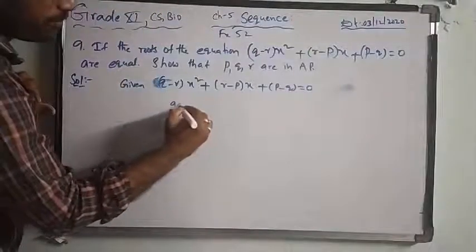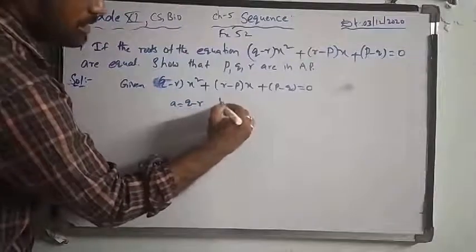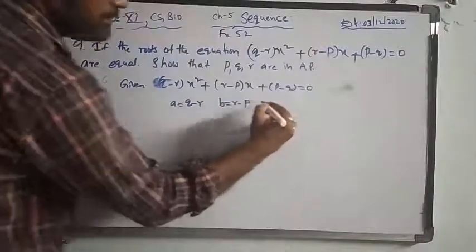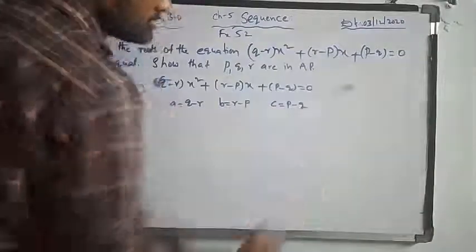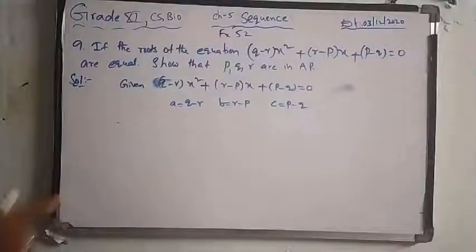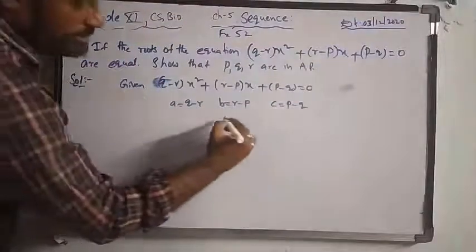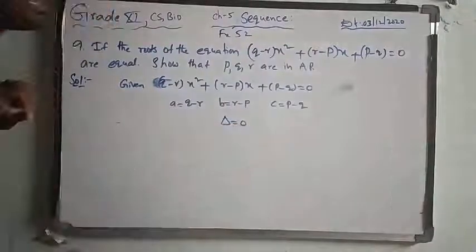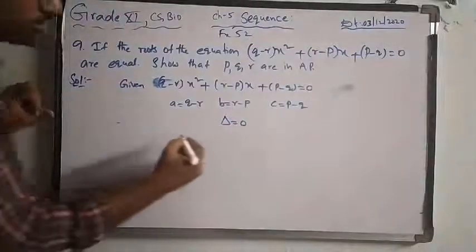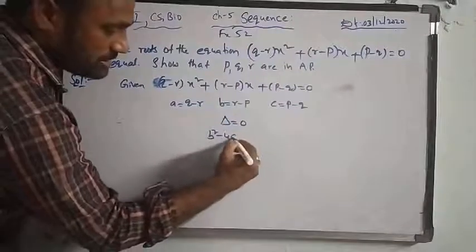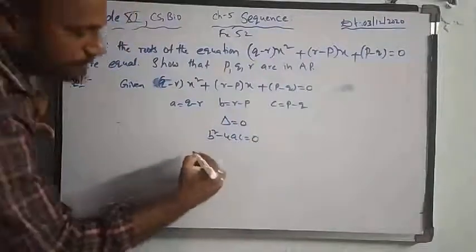If we compare with the standard form, the a value is q minus r, the b value is r minus p, the c value is p minus q. So we can say the roots are equal when delta is equal to 0, that is, the discriminant is equal to 0 in quadratic equations. The discriminant formula is b square minus 4ac is equal to 0.